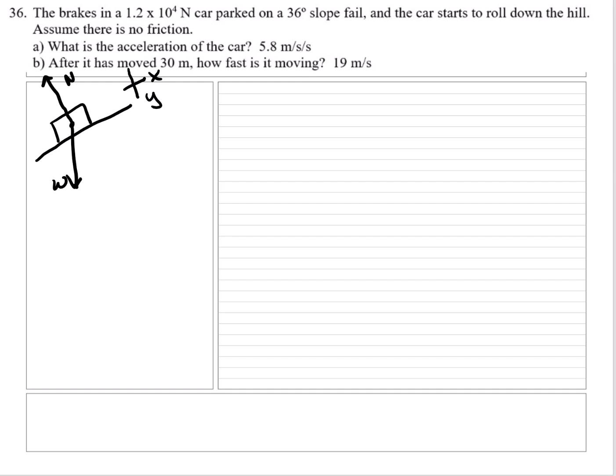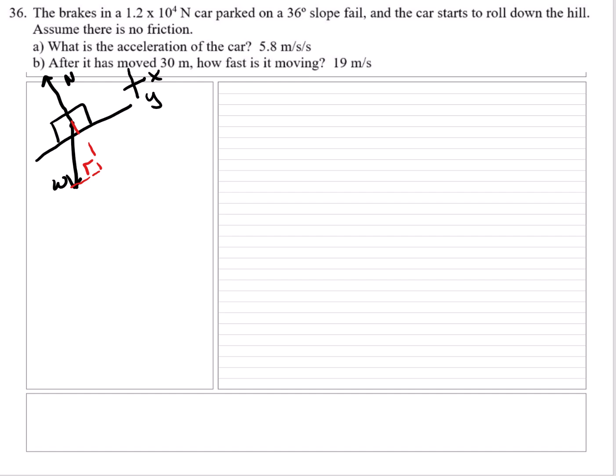By looking at this diagram, we notice that weight is at an angle. So using the normal vector, we're going to extend that back to make a right triangle so we could resolve the weight into Wx and Wy.